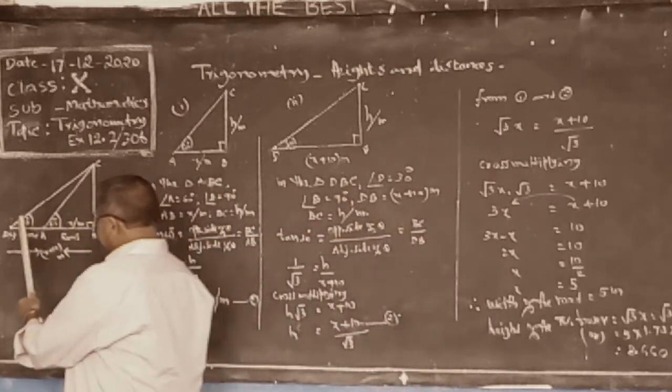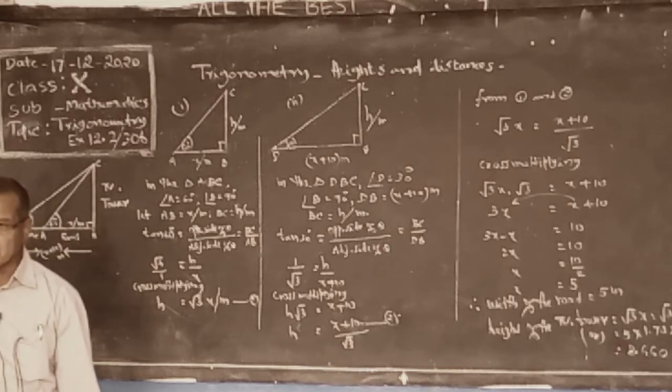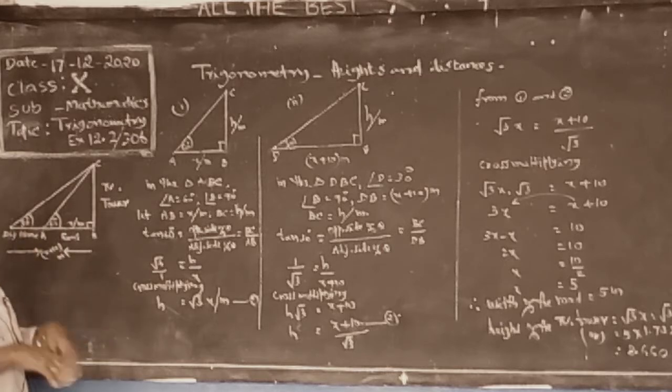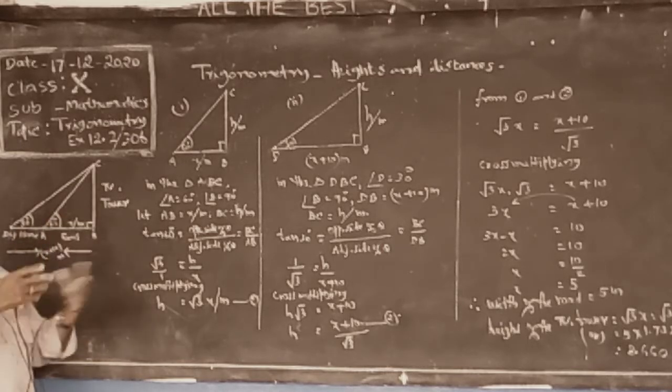Here 60 degrees, here 30 degrees. Again going back, the angle decreases; coming towards the TV tower, the angle increases.